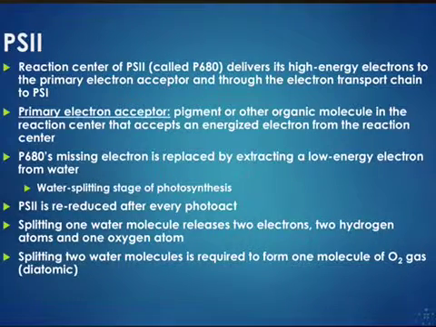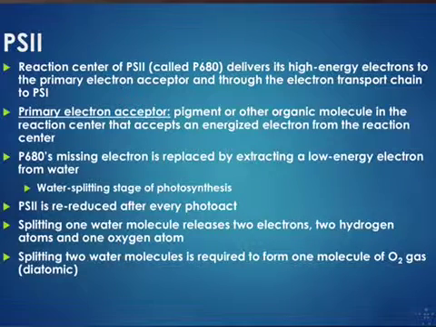So your primary electron acceptor is usually a pigment or another organic molecule in the reaction center that accepts an energized electron from the reaction center. P680's missing electron will then get replaced by extracting a low energy electron from water. This is the water splitting stage of photosynthesis.